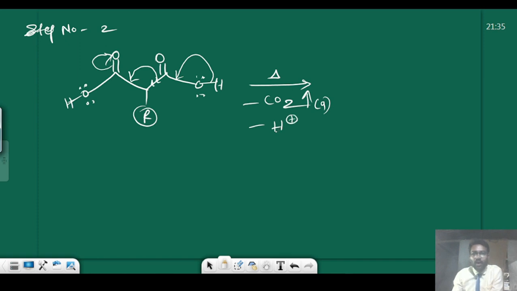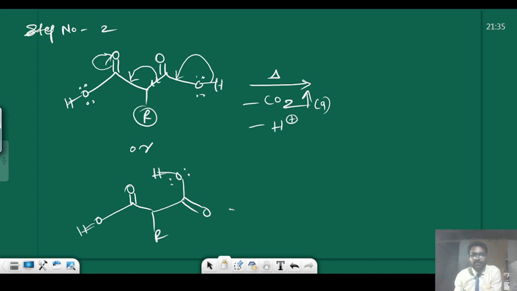Or you can think of it like this. This is the carboxylic group, this is our substitution, C double bond O OH.